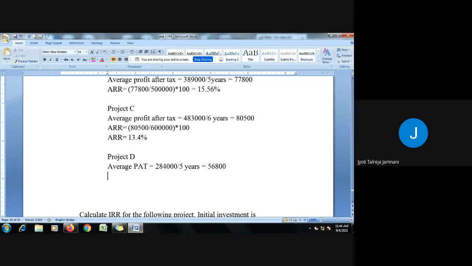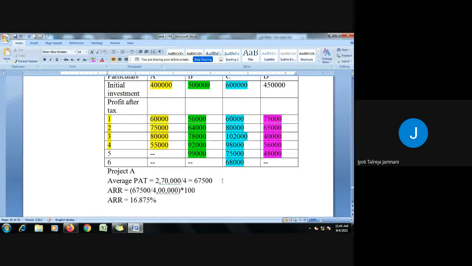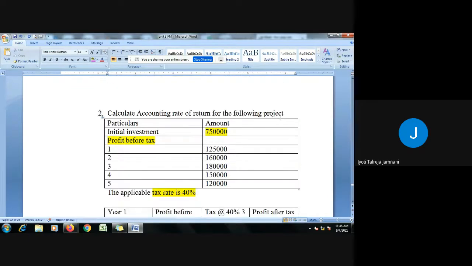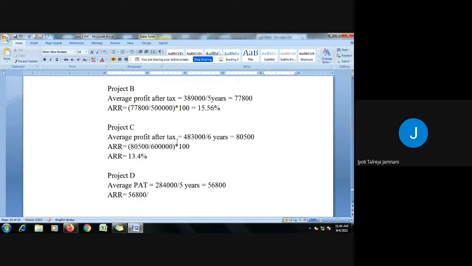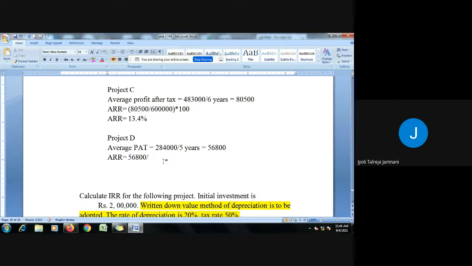Now we'll find the accounting rate of return, which is equal to 56,800 divided by the initial investment again, because the scrap is not given here. So see, the initial investment is 4,50,000. So we're going to take this divided by 4,50,000 into 100.